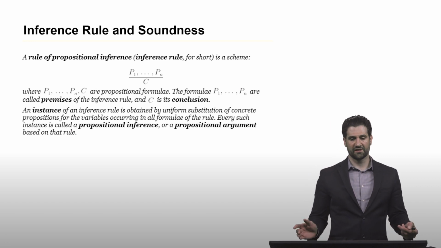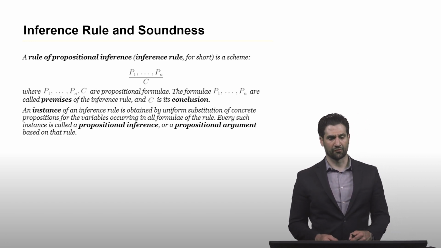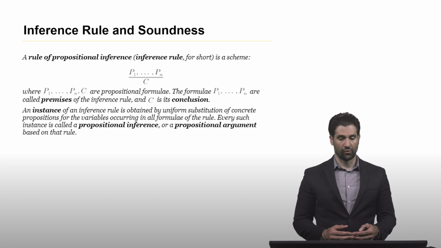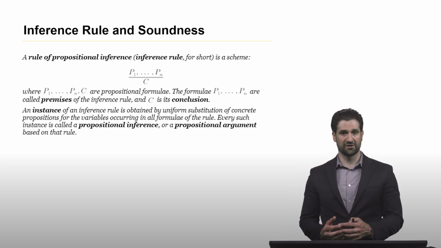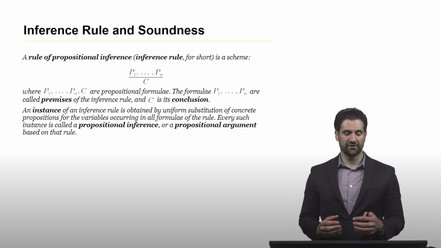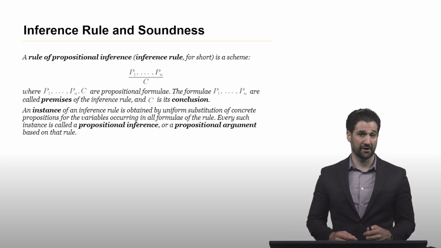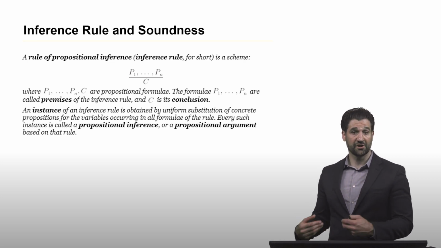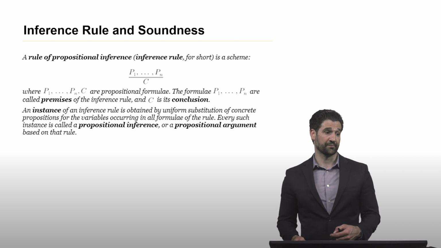So we have this idea of a proof rule or inference rule, where we have some information that we know, that given certain propositions that are true, something else will also be true.